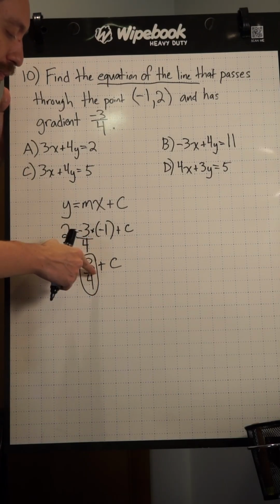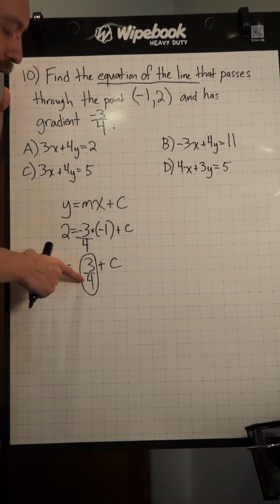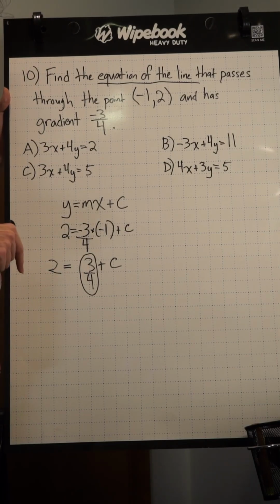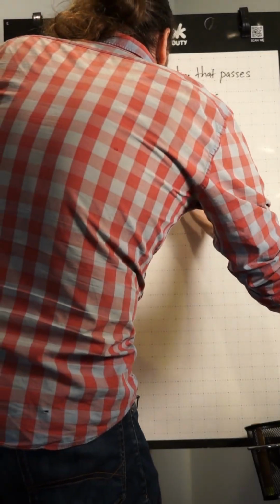To be able to transpose the 3/4 to the other side, we need to think what is the opposite of plus, right? This one is plus 3/4. The opposite of plus is going to be minus. We want to subtract 3/4 from both sides. Okay, so I'm going to write that over here.